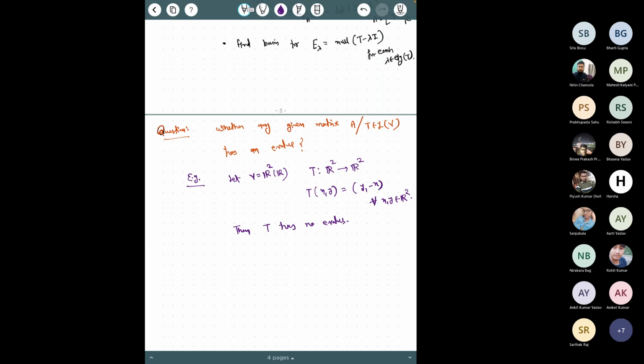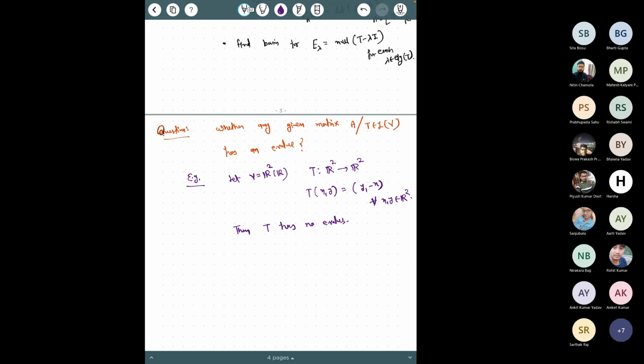Why doesn't it have an eigenvalue? That you can also prove. As I mentioned the idea, but you can also prove it with a mathematical argument. So what you have to show is that T has no eigenvalue. It means that whatever real number lambda you take, you cannot find a nonzero vector in R2 such that T of V is equal to lambda times V. So that is what you have to prove.